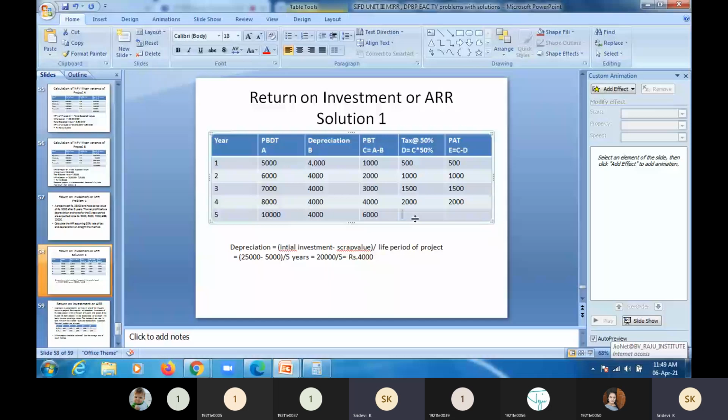Profit after tax is 6,000. 50% of 6,000 is 3,000, and the remaining amount is 3,000. After completing this, you sum up the PAT. This is the total PAT value. E column you sum up. How much the value you are going to get here is 8,000. 8,000 is the profit after tax.